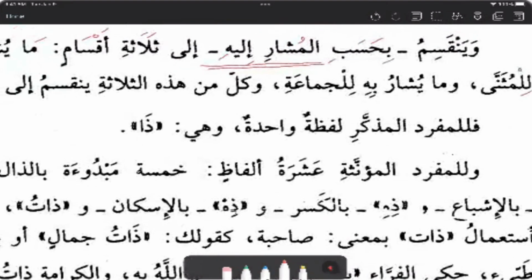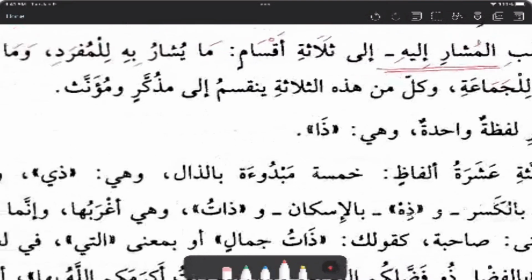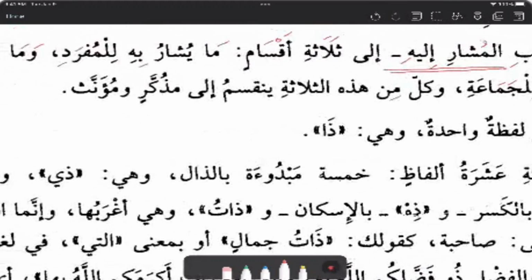And that by which you point at three or more things. And all of these three, singular, dual, and plural, are masculine or feminine.